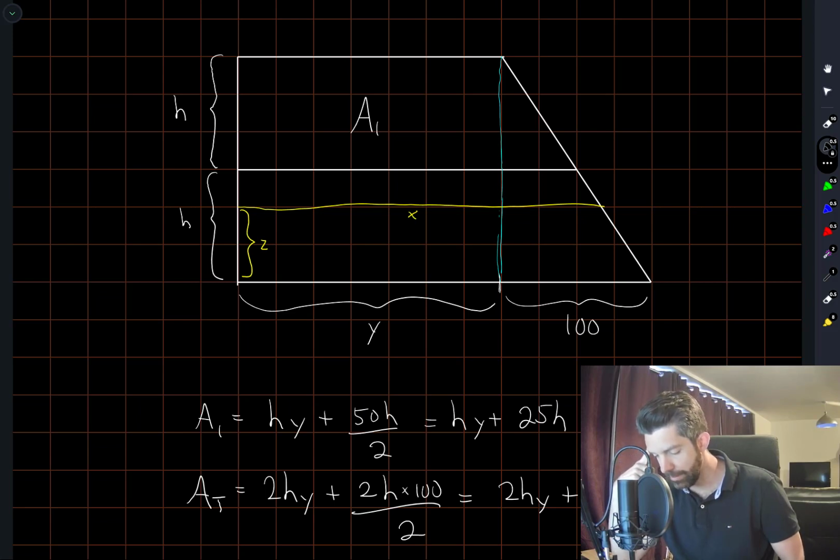Okay, so let's just write out something similar for the area above the yellow line and the area below the yellow line in terms of x and z and so on, and see if we can solve. I guess we'll be able to solve for x.